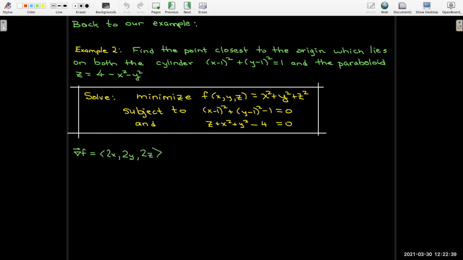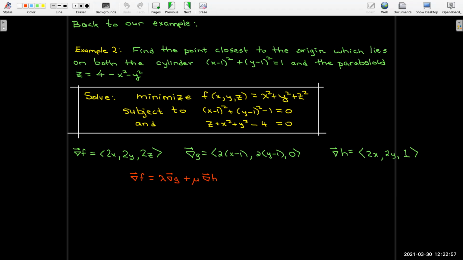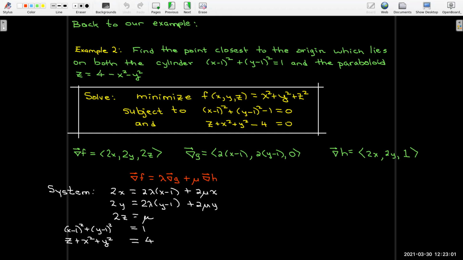So we'll need to find three gradient vectors: gradient of f, gradient of g, and gradient of h. And we'll use the fact that the gradient of f is a multiplier times the gradient of g plus a different multiplier times the gradient of h. Now we'll get the following system of equations.